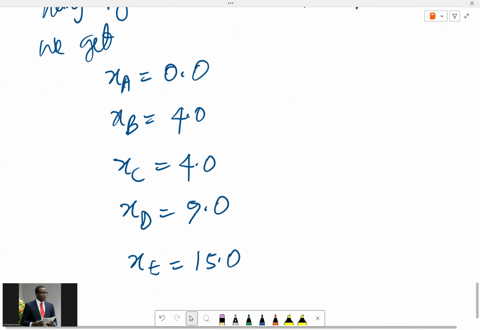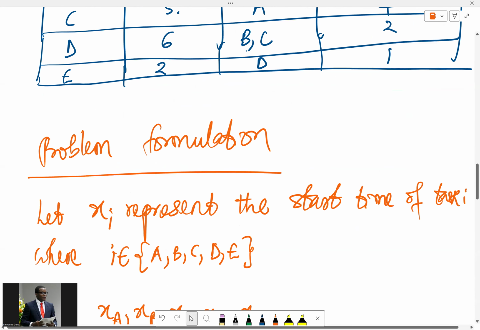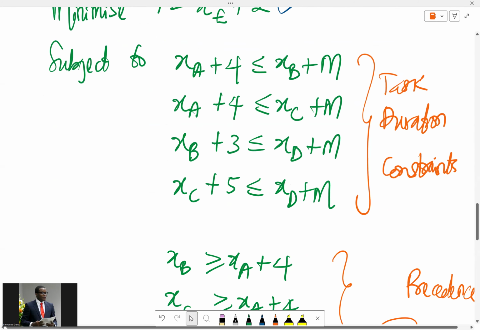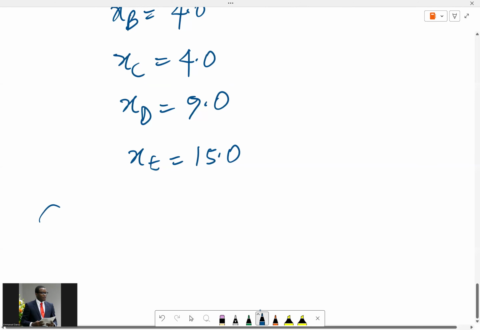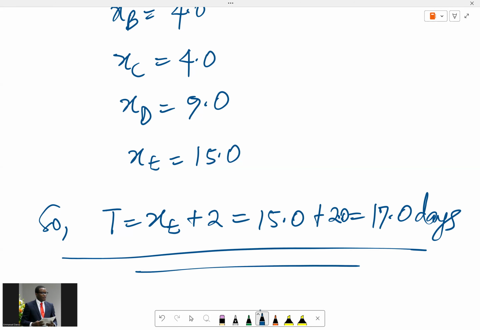But task E takes 2 days, and what we have to minimize is T equals XE plus 2. That means you have 15.0 plus 2, which is 17.0 days. So that is the solution to that project scheduling problem.